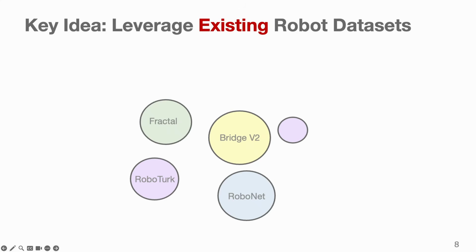And so the key idea that enabled the first versions of generalist robot policies was to leverage existing sources of data. In general, there had been some previous efforts in the community to collect data sets, but usually not in a way that enabled co-training between them. The key idea here is that no matter what your research is about, every robotics lab in the world collects some sort of data, right?